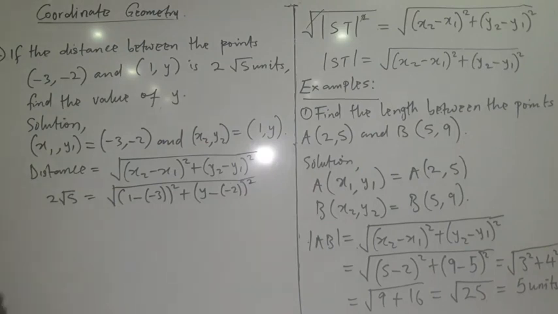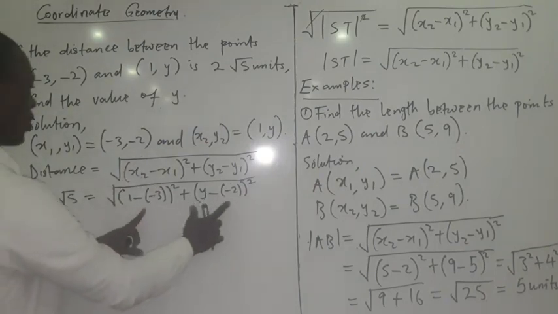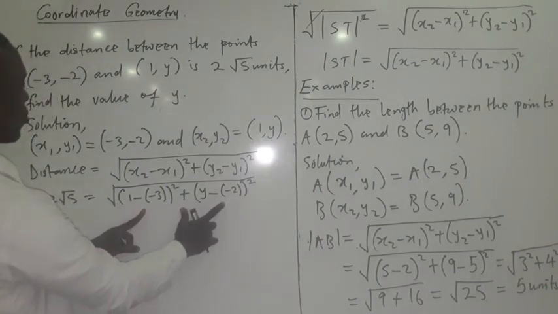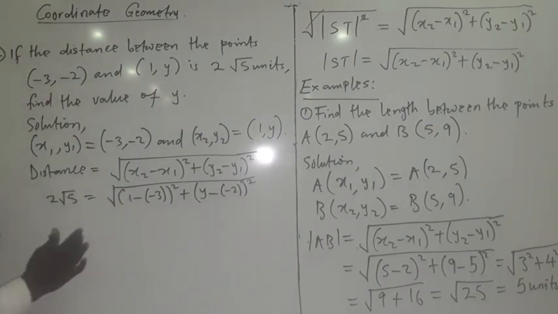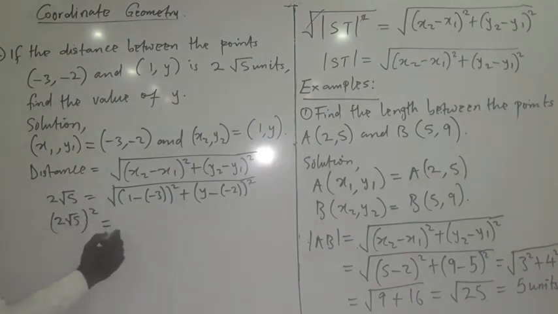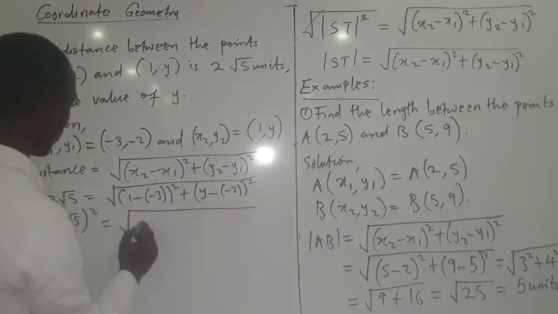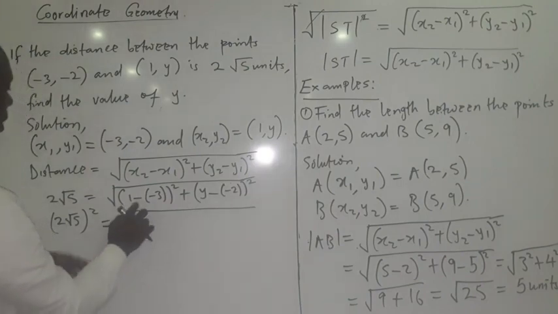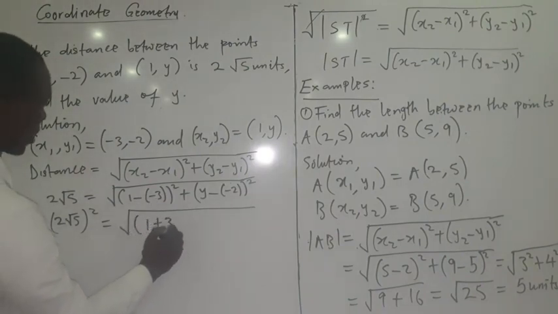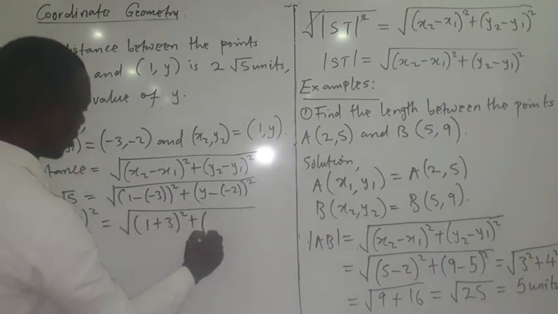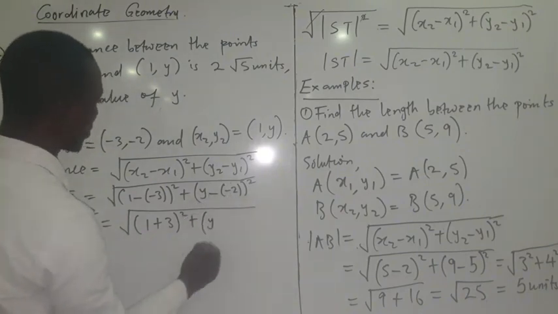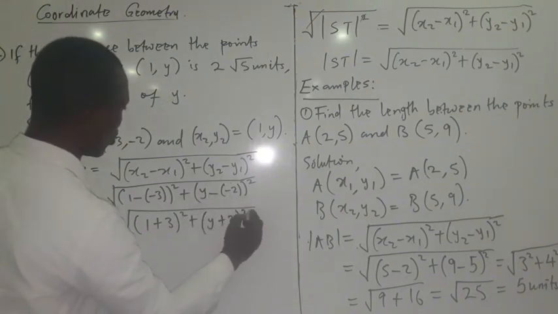The next thing to do is to take the square of both sides, to bring out what we are looking for, which is under the square root. So we now have 2 root 5 all squared equals (1 minus times minus is plus, so 1 plus 3) all squared plus (y minus times minus is plus, so y plus 2) squared.